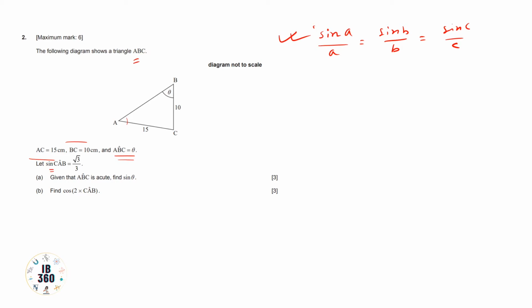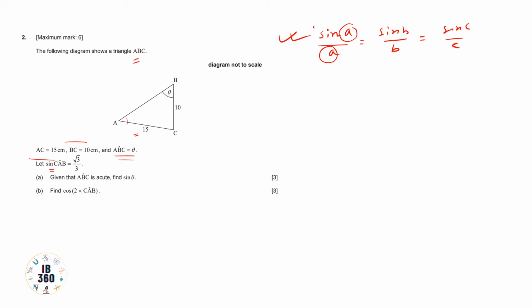Here, if I give you one example, if this angle is A, then the opposite side will be considered here. The opposite side is 15, so that will be considered here.